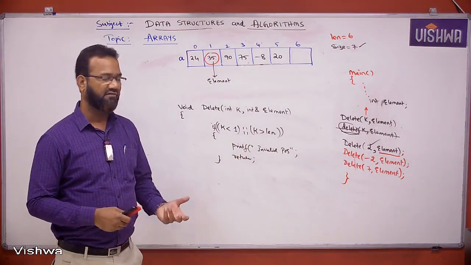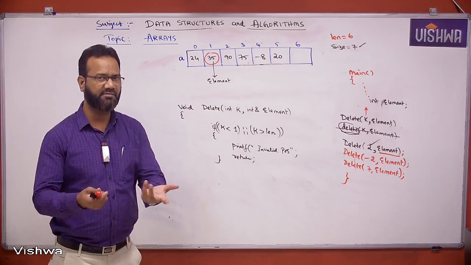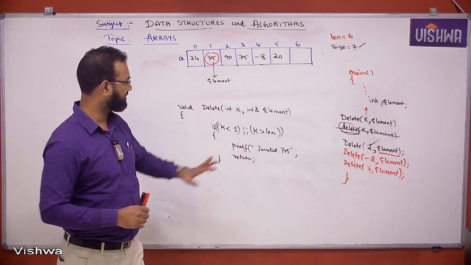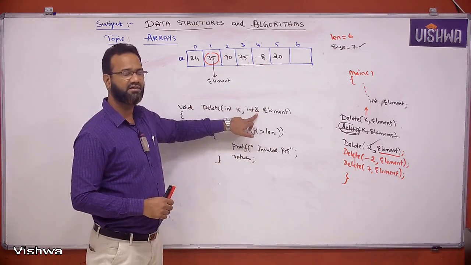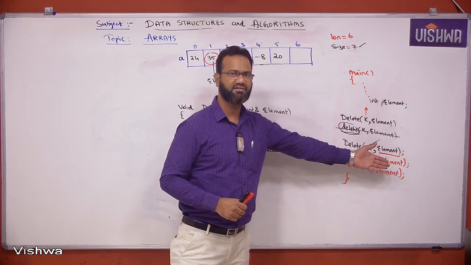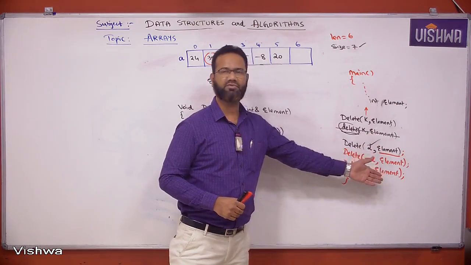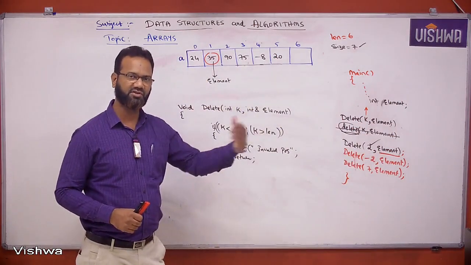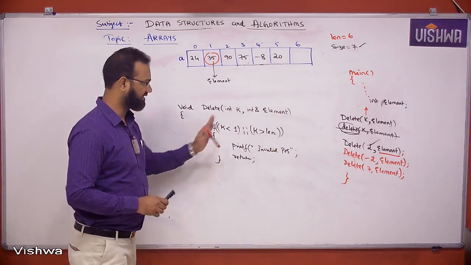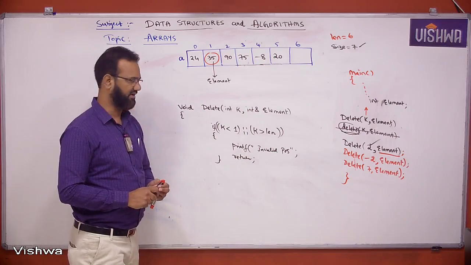But whenever I want to know which element got deleted, I may not be able to know. For that purpose, I am using a reference parameter here. Copy down the element. That element can be accessed in the application, that is your main function. You can display it or perform any other operation you want to do with that particular element. That is the significance of your reference parameter.